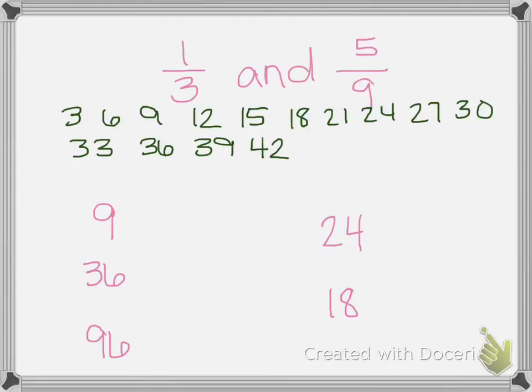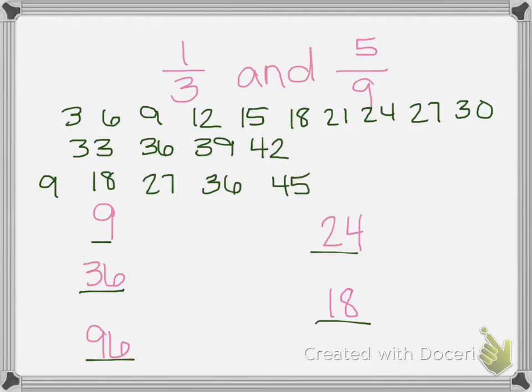into our 3s. So 9 is a common denominator of 3, 24 is, 36 is, 18 is, and 96 is also divisible by 3. So now we just have to check and see if 9 goes into all of those. We have 9, 18, 27, 36, 45.